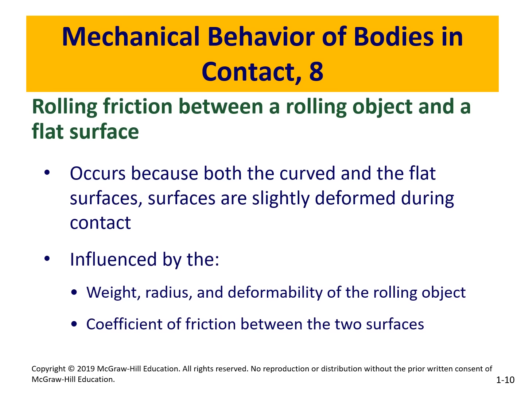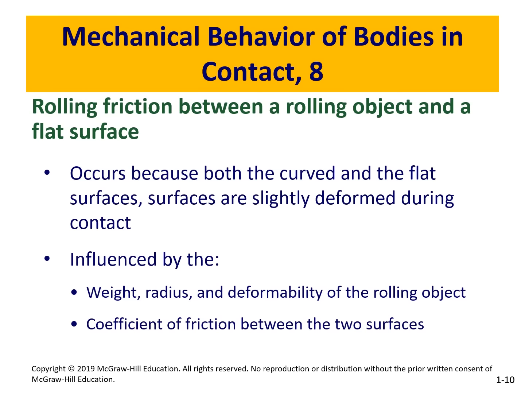That is influenced by the weight, radius, and deformability of the rolling object. So the coefficient of friction of the two surfaces needs to be identified. One of the things biomedical engineers do a large amount of work in is studying friction for wearables, specifically in biomechanical analysis.